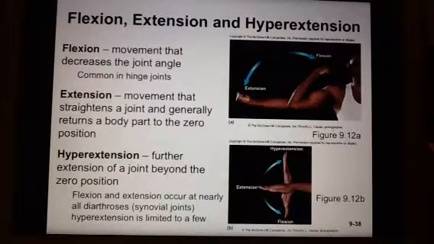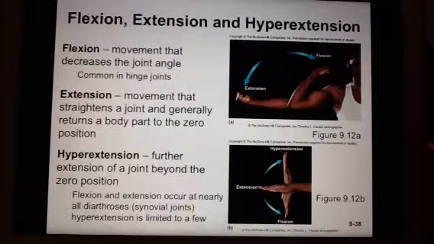So your first pair of movements is flexion and extension. Flexion is a movement that decreases the joint angle. We see this commonly in hinge joints, and extension is straightening the joint and generally returns the body part to zero position. Hyperextension, remember hyper always means more, so hyperextension is the further extension of a joint beyond or past zero position.